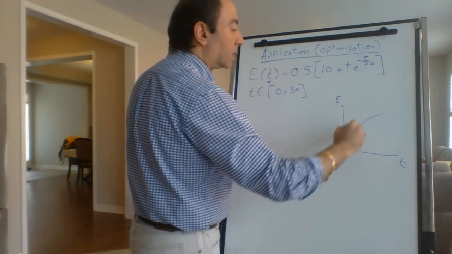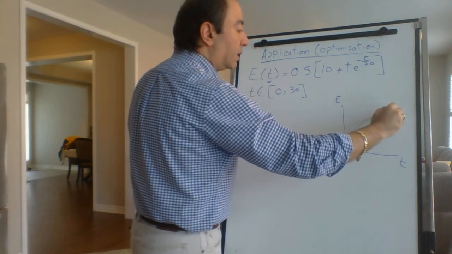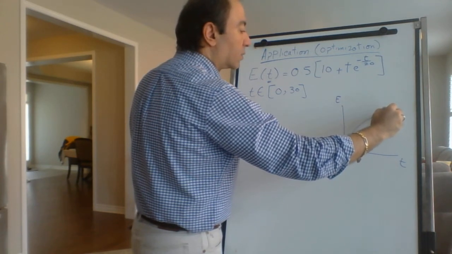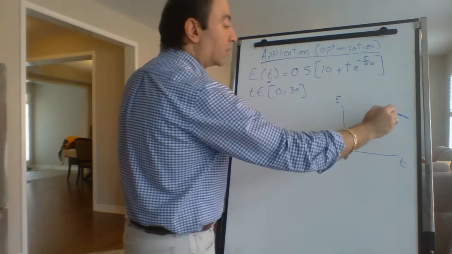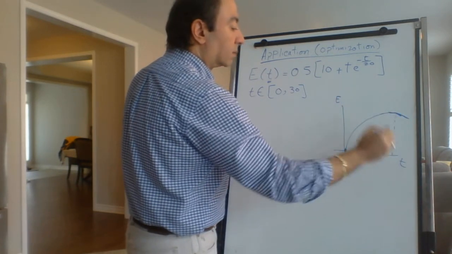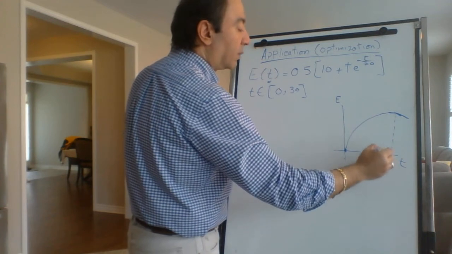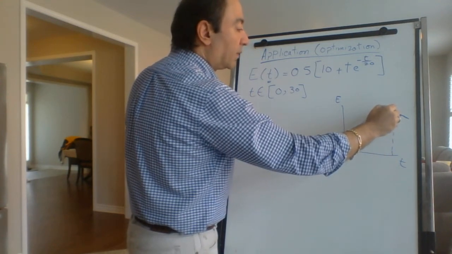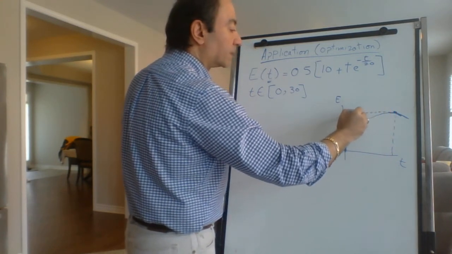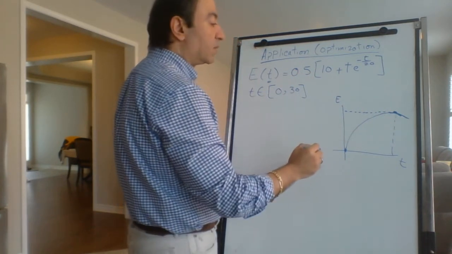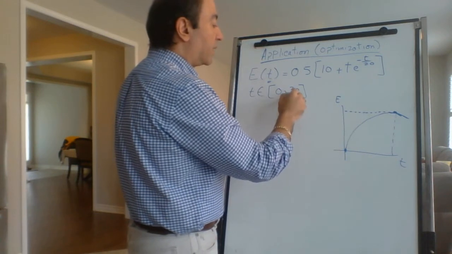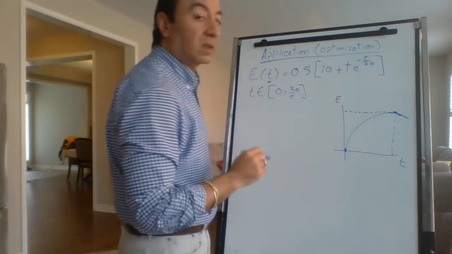And then it starts to go down somehow. So at a certain time in hours we're going to have the maximum effectiveness. This certain time is between 0 and 30 hours. We need to know what is that time.